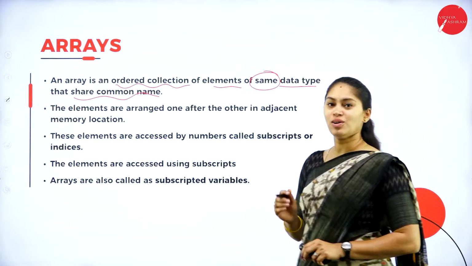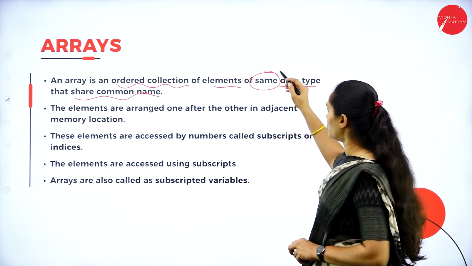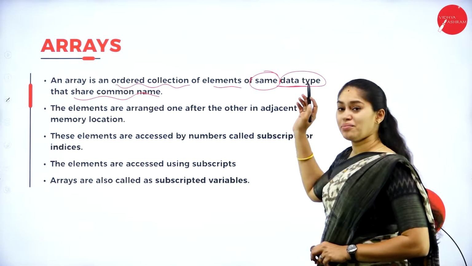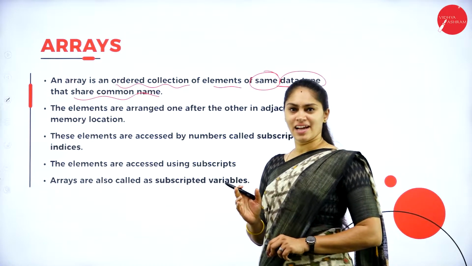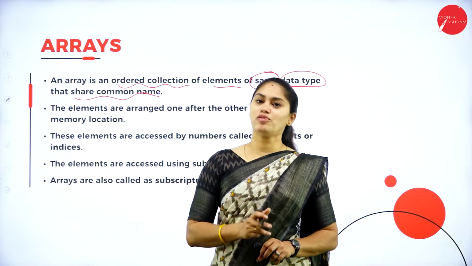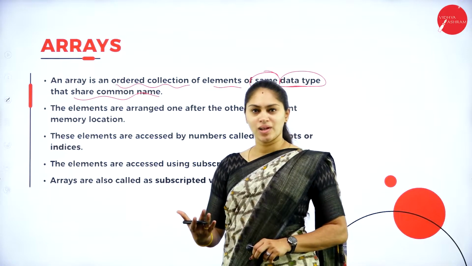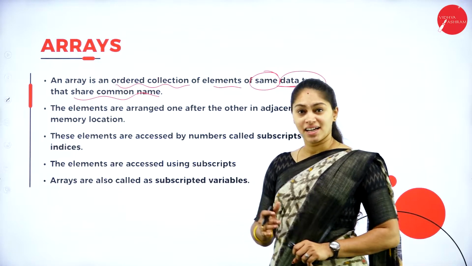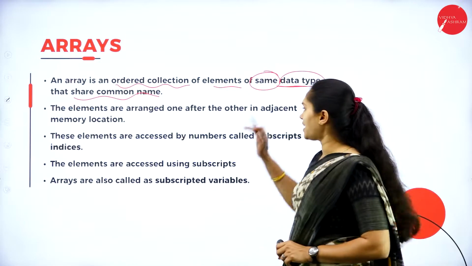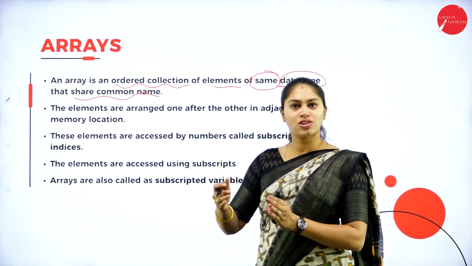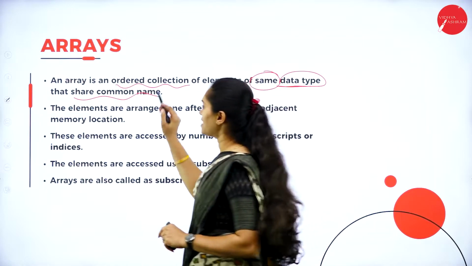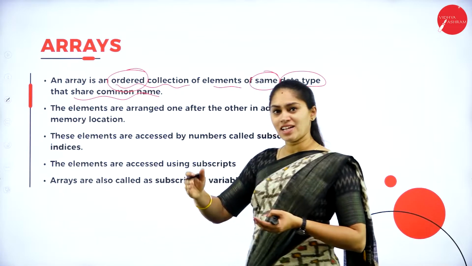Here you need to remember 2 keywords, right? One is the same data type. We already know about the data type that specifies the type of data. It can be integer, float, real, or boolean. Float, char, all those are the data types. When I have a collection of elements, we are saying it is an ordered collection of elements.